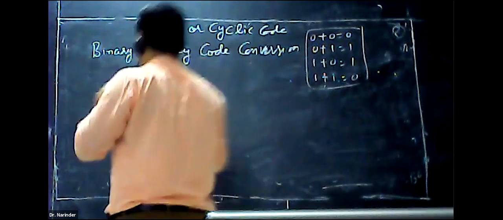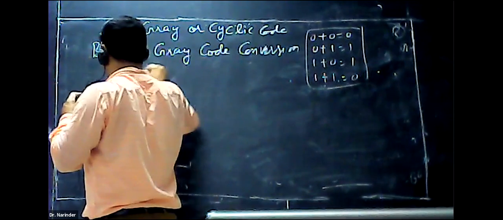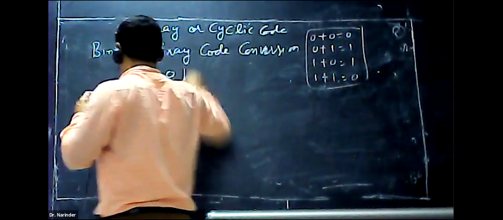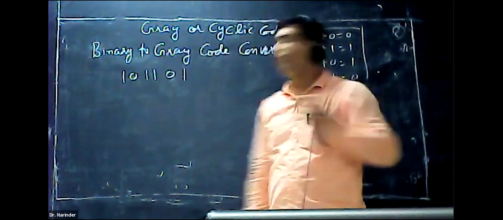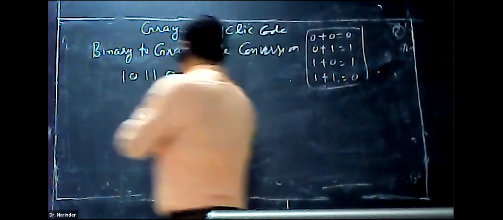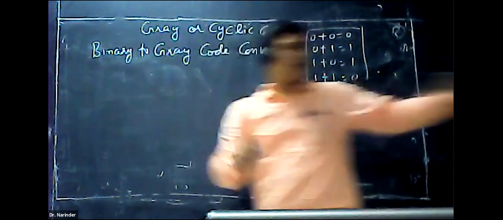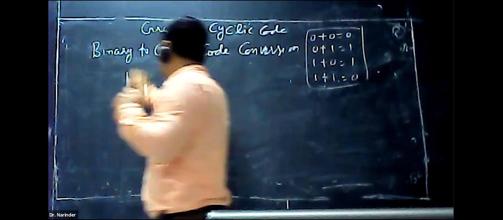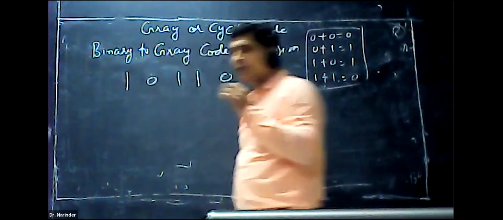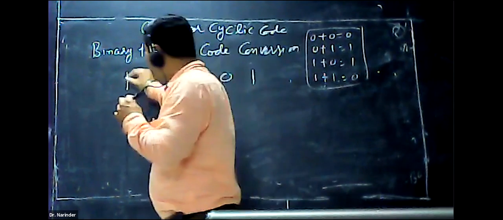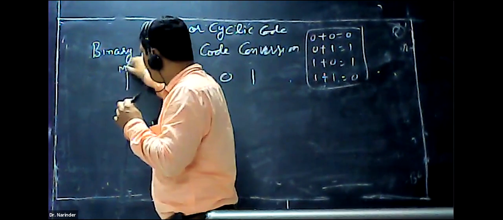Let us say there is a binary number 0, 1, 1, 0, 1. This is the number. You have to convert it into its equivalent gray code. This is your MSB, most significant bit.